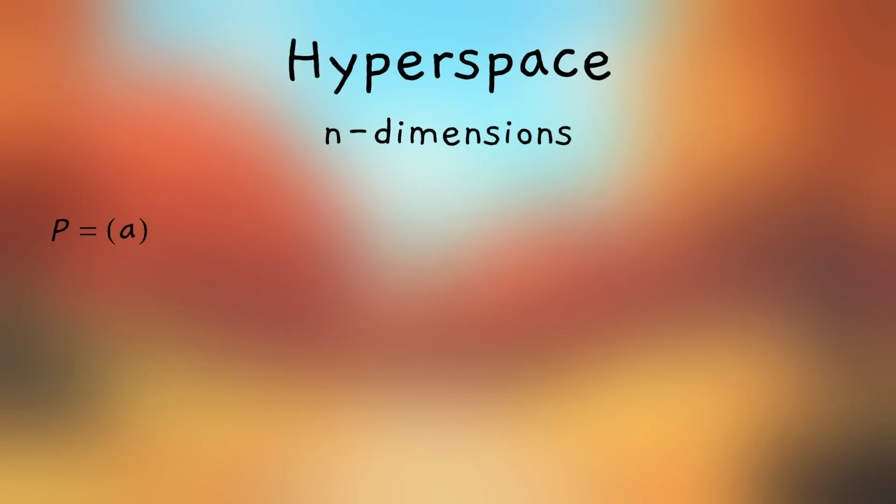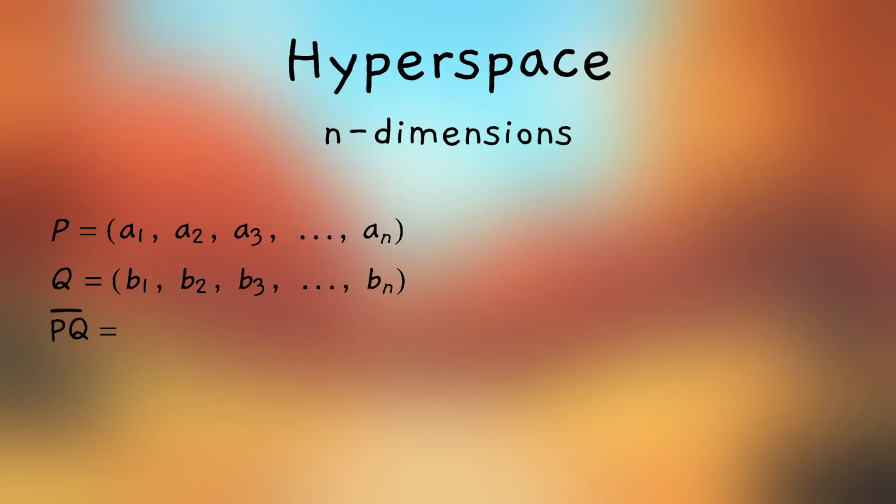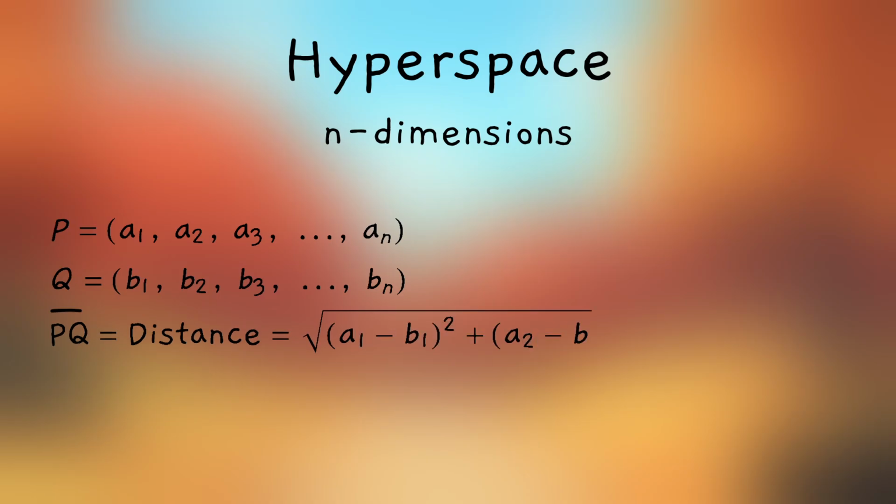So we'll use the letter A to represent all of them, but it's the subscript, the little number here, that lets you know is it the first coordinate, the second coordinate, the third coordinate, etc. So now we have a second point, Q, and for this we'll use the letter B. And if we want to find the distance between these 2 points, which you can also write as P and Q with a line over it, that represents the length between P and Q, the formula here is A1 minus B1 squared plus A2 minus B2 squared plus on and on until you get to the end with An minus Bn squared. So this is the n-dimensional distance formula.